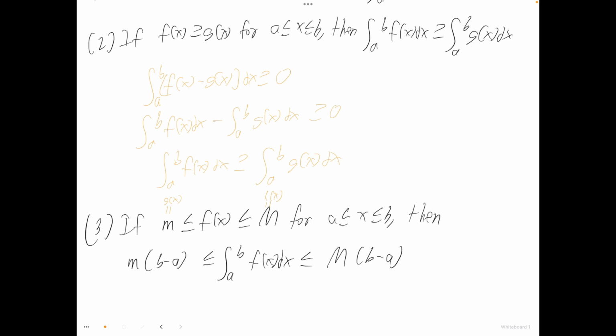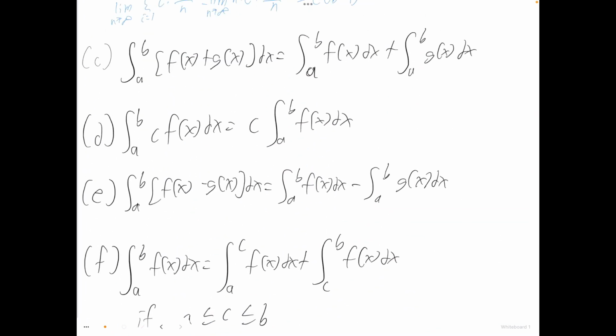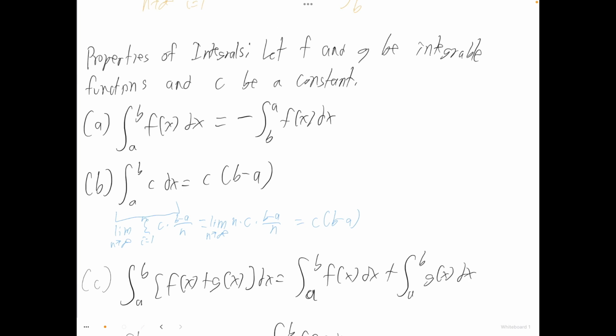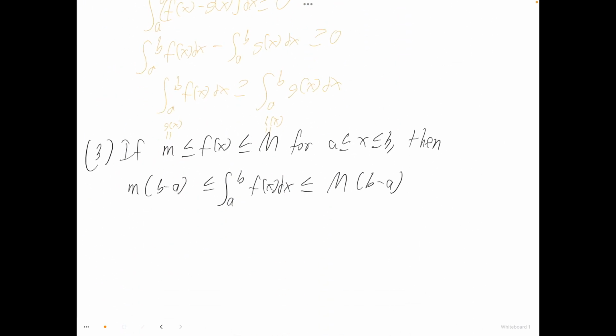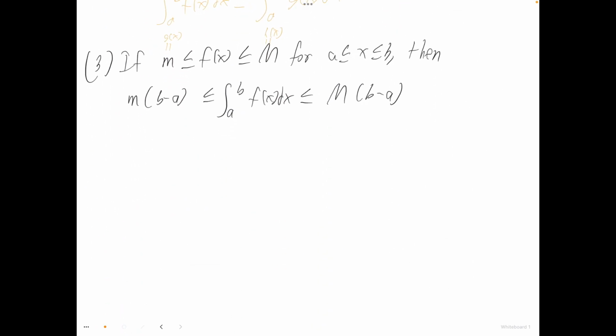We talked about that earlier. That was one of our properties. It's this property right here, property b. And so little m and capital M are both constants, so we know how to compute their integrals, and that's literally all we are doing there.